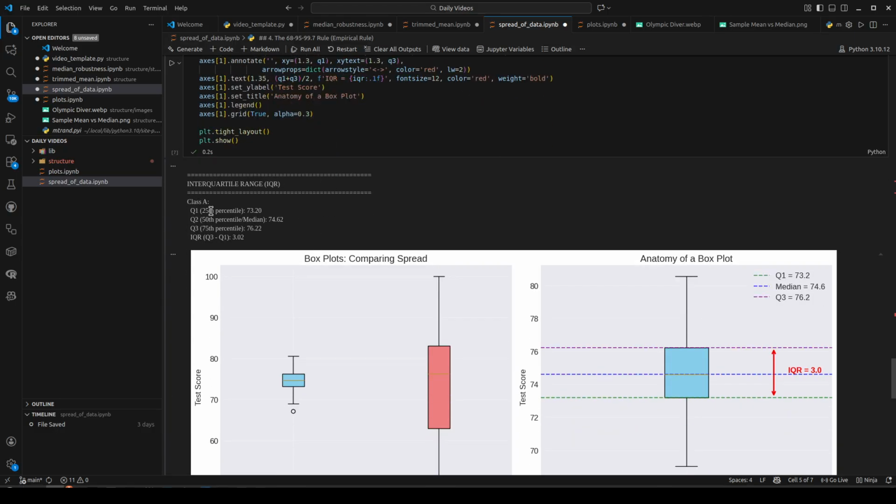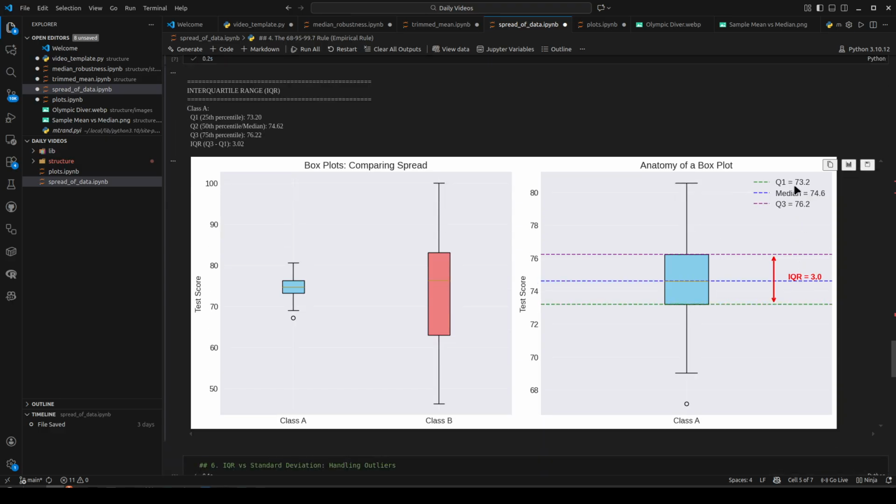So you cut the data in half, and now you have two splits, the lower split and the upper split by the median. And then within those two, you also split those in half, once again looking at the median of those, and then you create these quarters. So you have quarter one, you have the median, and then quarter three. And the interquartile range is simply the difference between quarter three and quarter one.